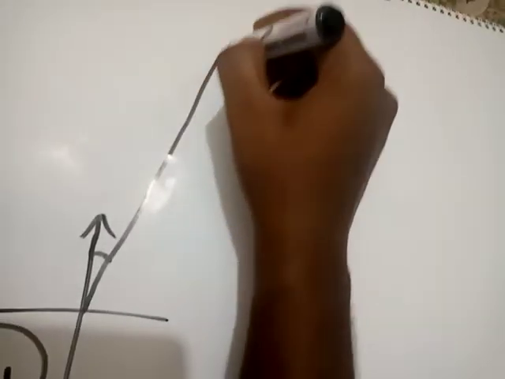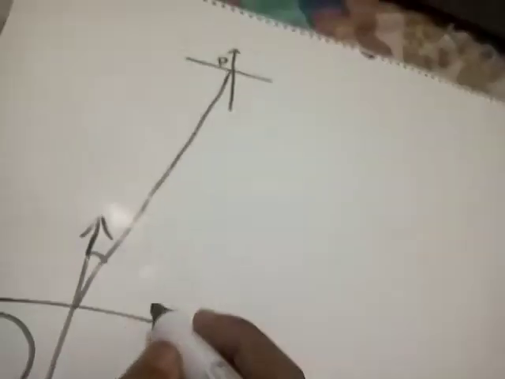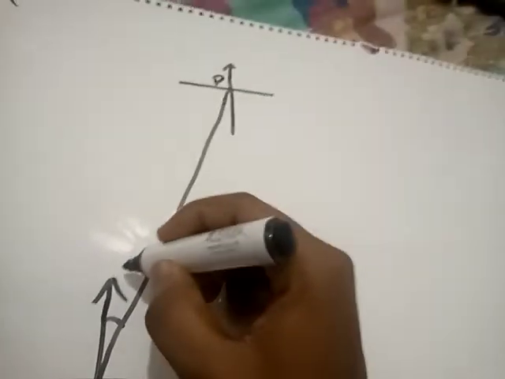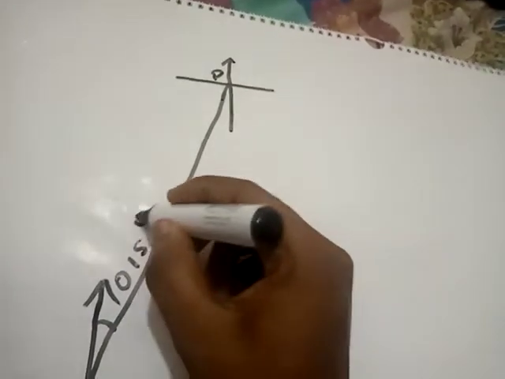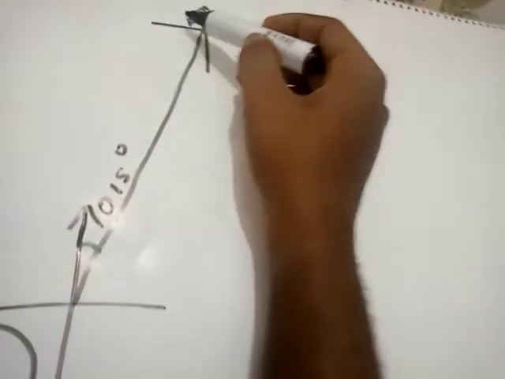I'll sketch 15 degrees, then I draw this. So let's say this is P. P is on a bearing of 015 degrees from Q.